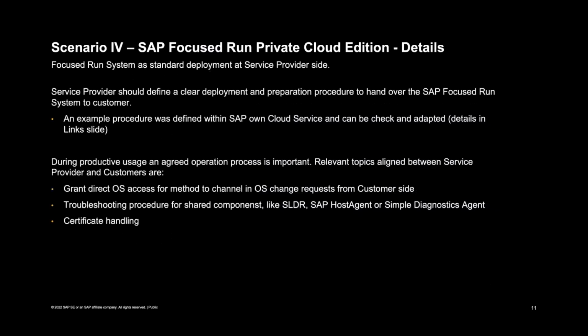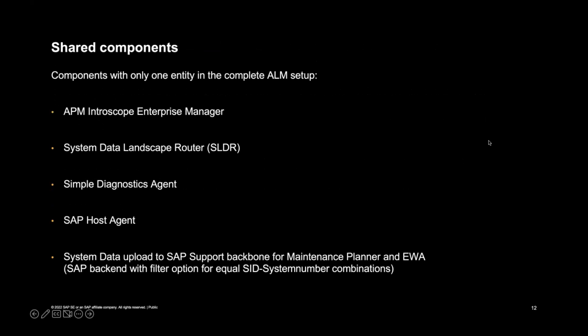Let's have a deeper look at all the details we have now to clarify if we want to operate multiple Focused Run systems connected to the same managed systems. Usually, if we have to do this, we have to consider some shared components where an alignment between the customer and the service provider or application service provider is necessary.